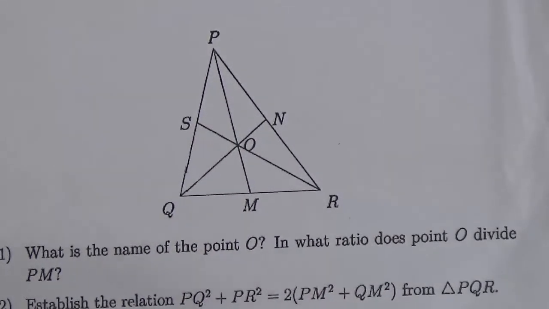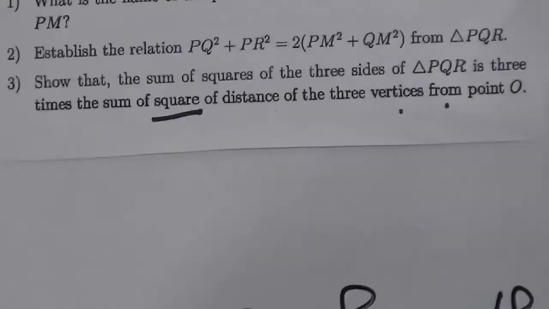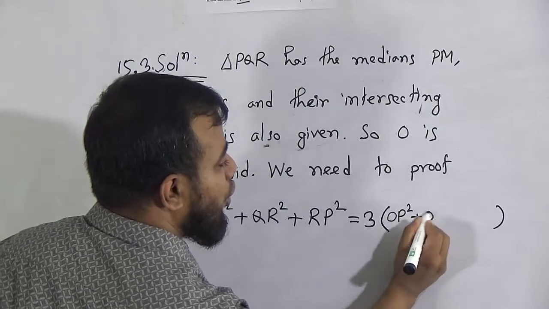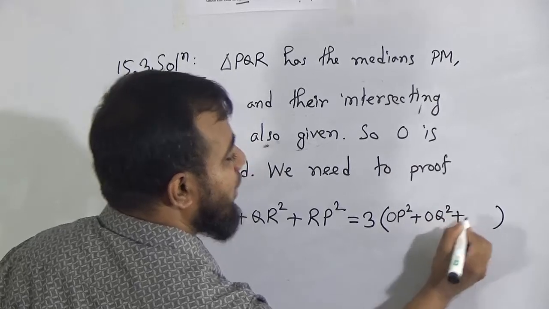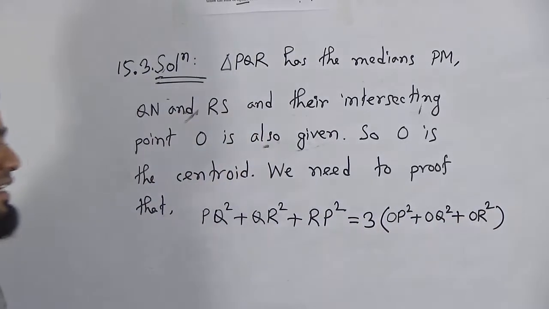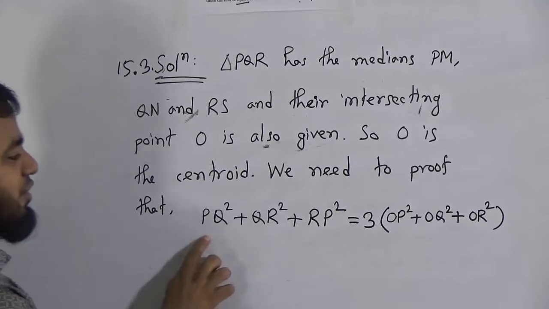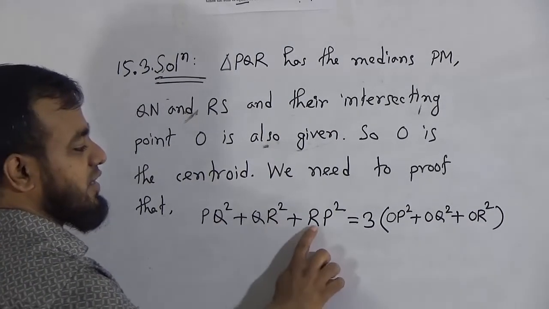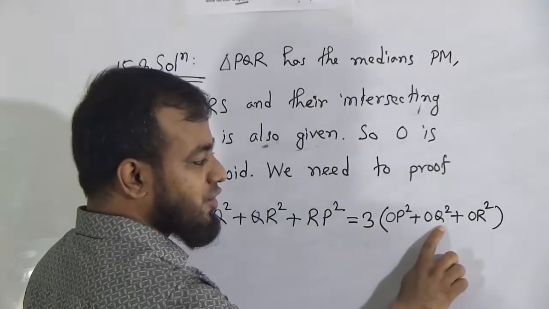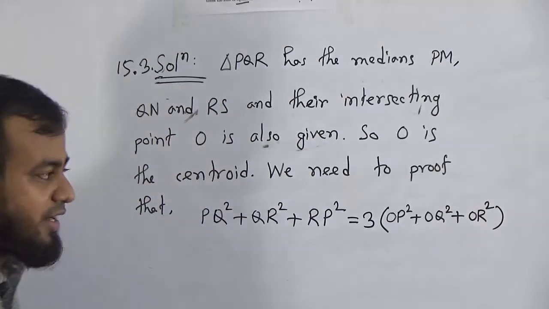We need to add these three squares: OP square plus OQ square plus OR square. So PQ square plus QR square plus RP square is equal to 3 times OP square plus OQ square plus OR square. This needs to be proved.